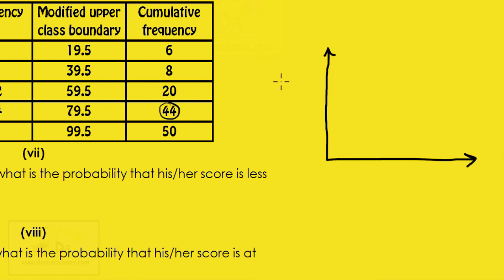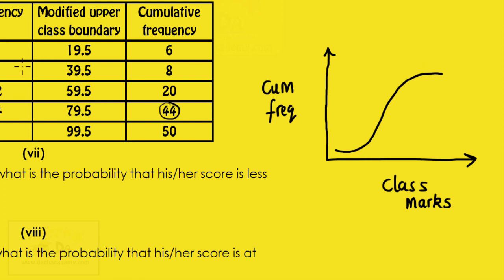So we have cumulative frequency on this axis, and class marks on this axis. For curves, something like this, all you have to do is, in this case, go to 79 on the cumulative frequency curve.